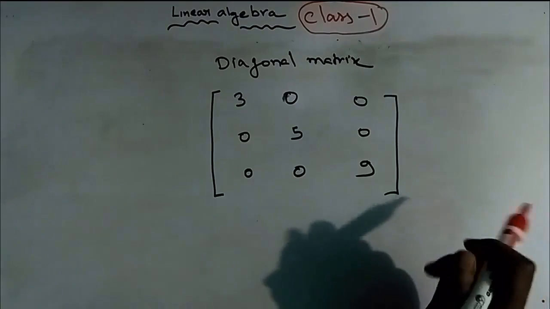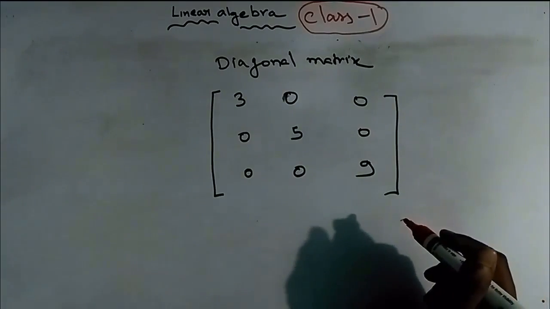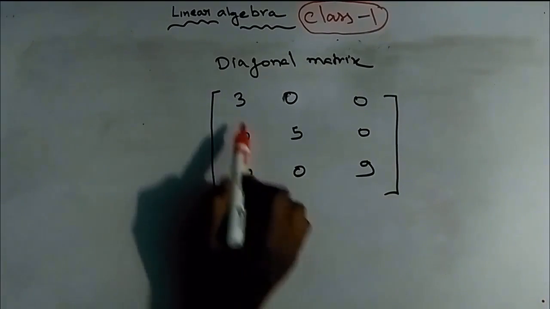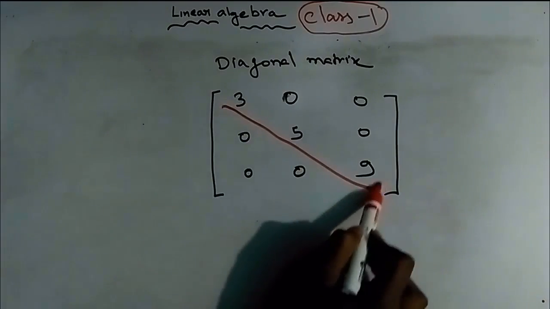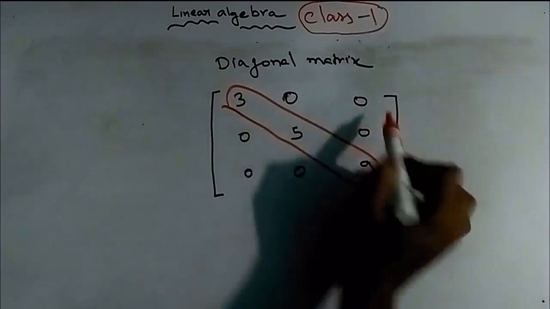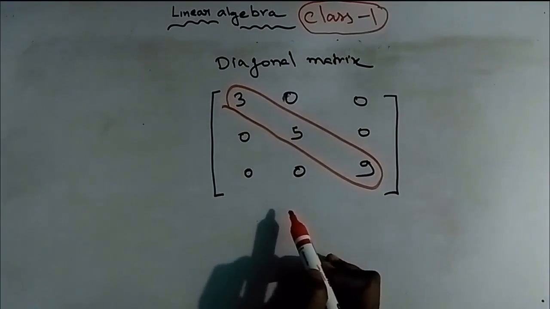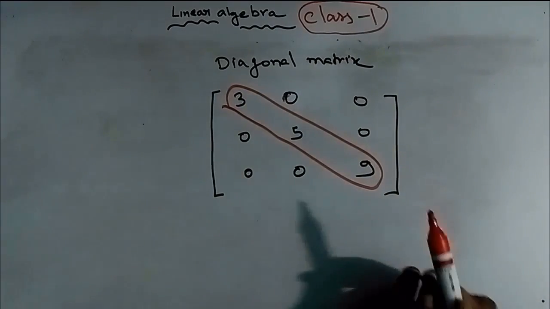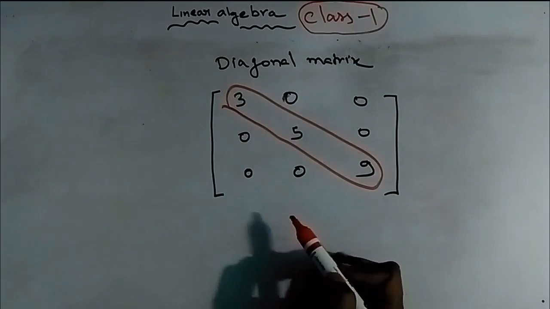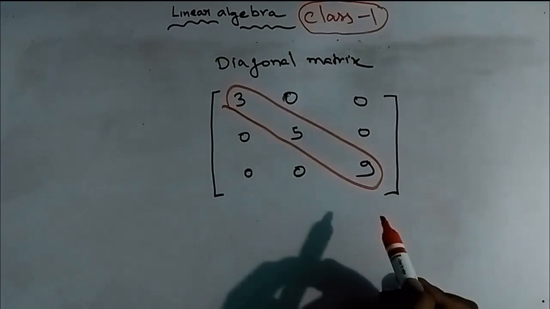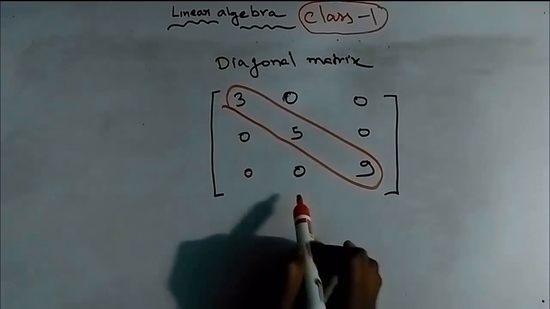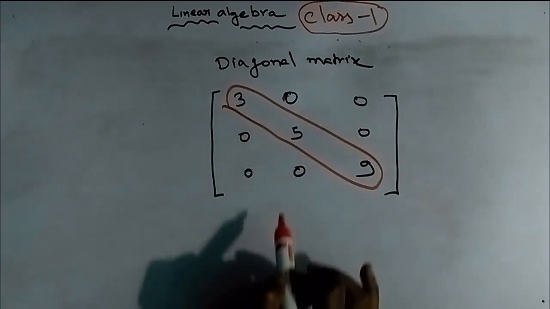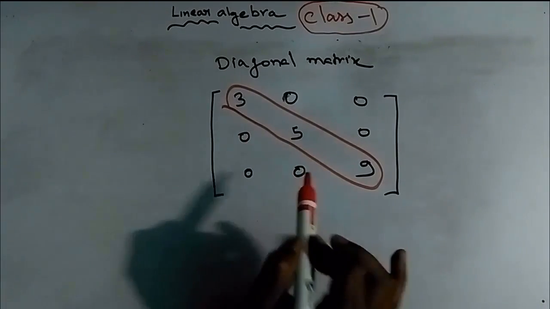Off-diagonal means elements beside the diagonal. These are on-diagonal elements and all these are off-diagonal. So a diagonal matrix must be a square matrix, and all elements other than the diagonal elements are zero. That is known as the diagonal matrix.